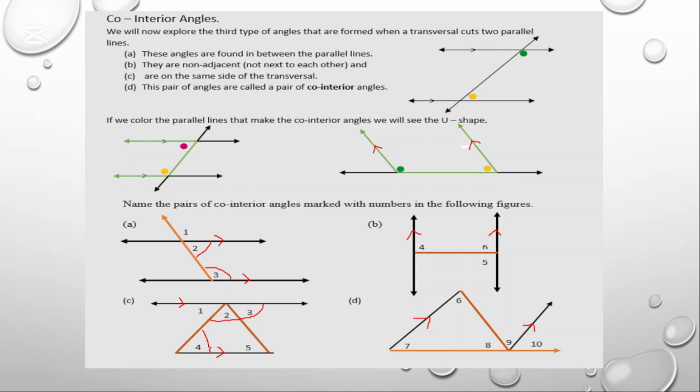And then we have 4. They are co-interior angles. The same over here. From the transversal to the parallel line on the inside. So 7, 8, and 9, they are the co-interior angles.